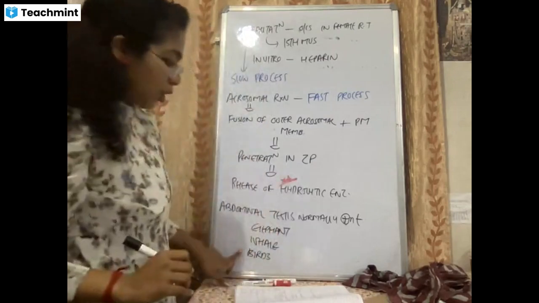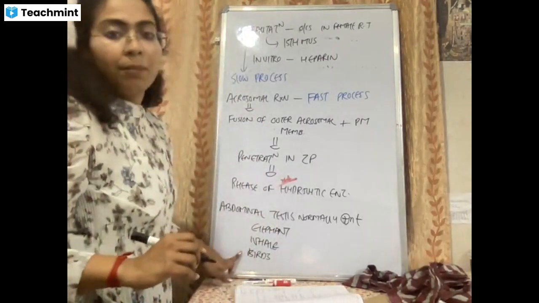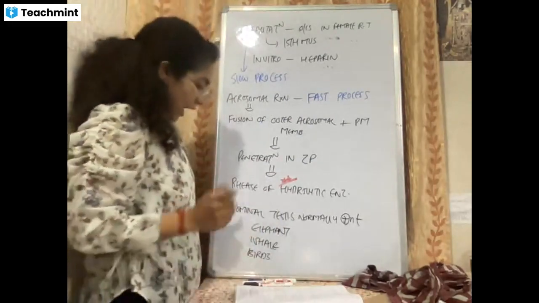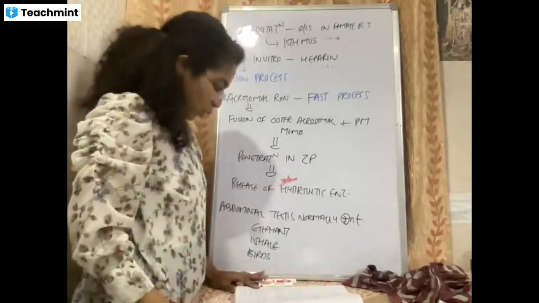Remember them: elephant, bird, and whales. These are the organisms in which abdominal testes are present.